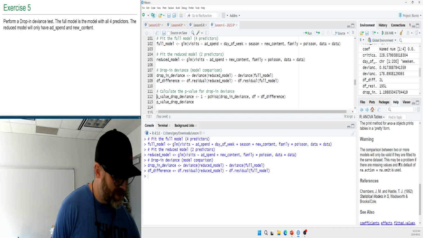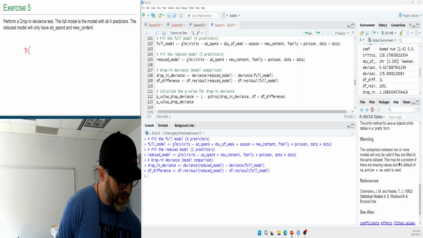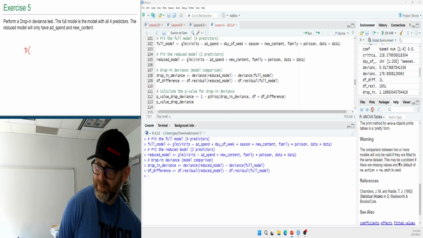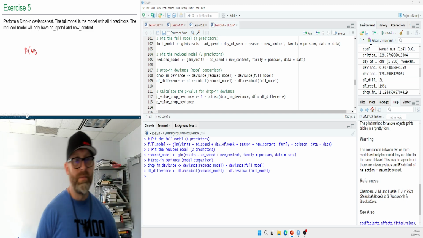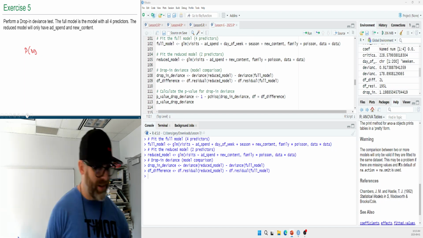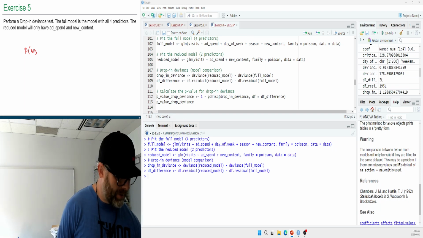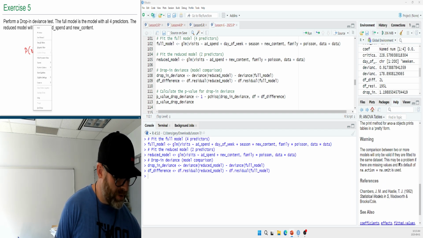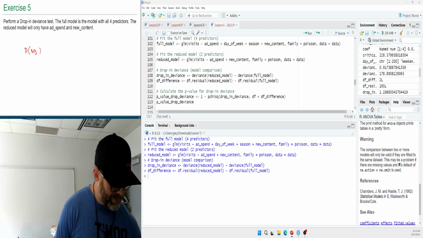So I'll write this on the screen. So what is the probability that we see DID for short, drop in deviance. I'm not writing this out properly.